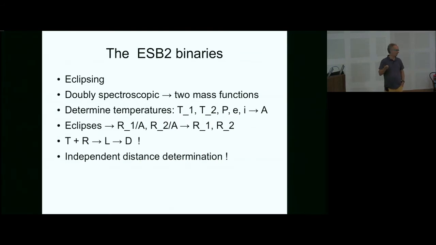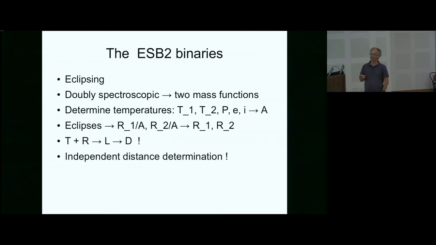So if they are eclipsing, then the inclination is close to 90 degrees. If they are spectroscopic, we see two radial velocity amplitudes, and therefore we have the two mass functions.